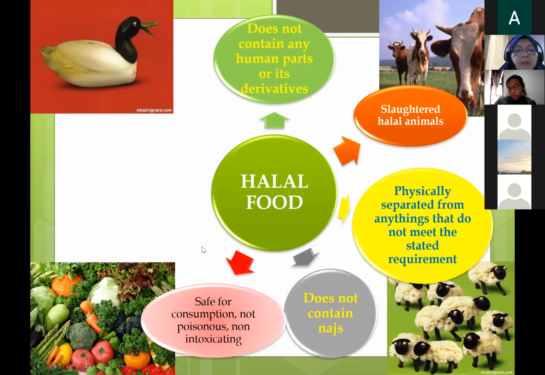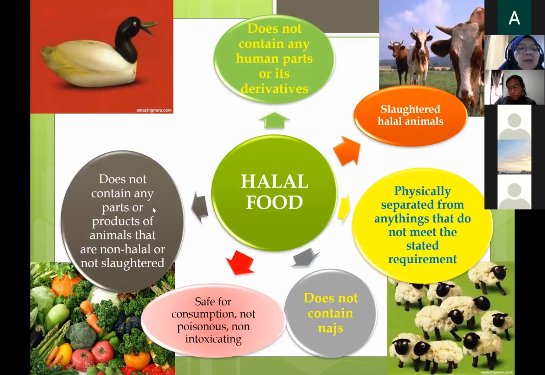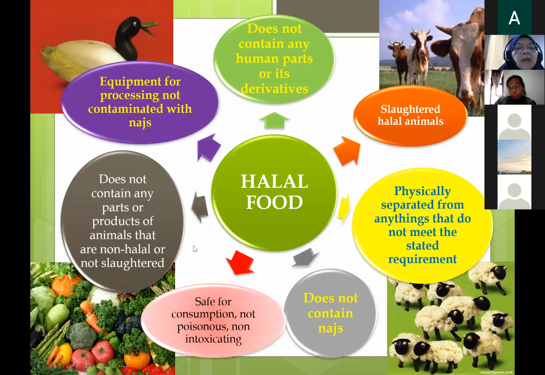Halal food is safe for consumption, not intoxicating, not poisonous. And halal food does not contain any parts or animal product that is not halal or not slaughtered. It must not be processed using equipment that is contaminated with najs. So I think now you know more about what halal food is.